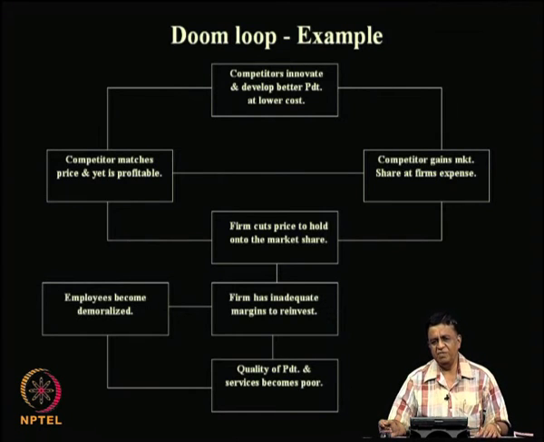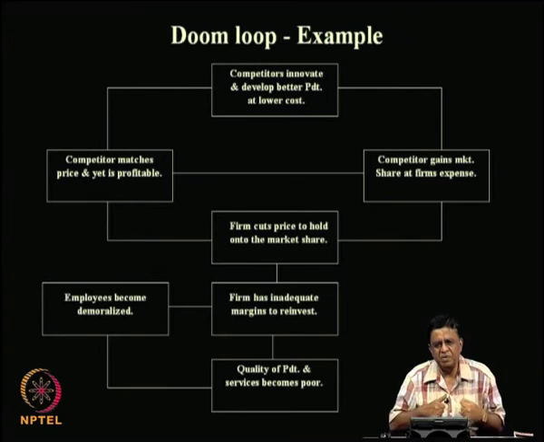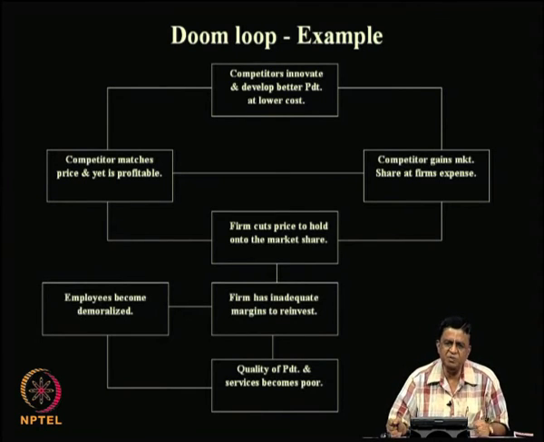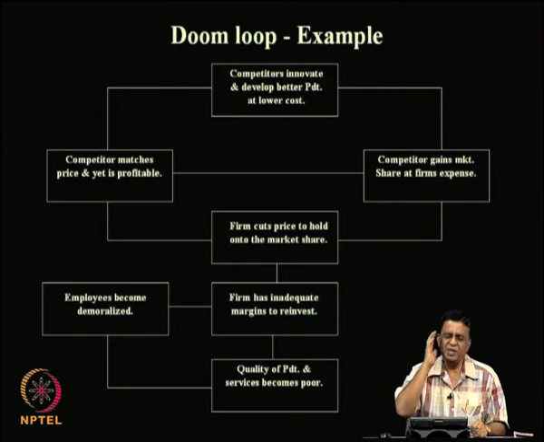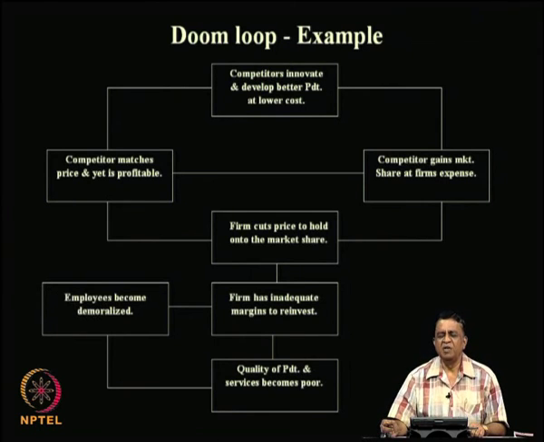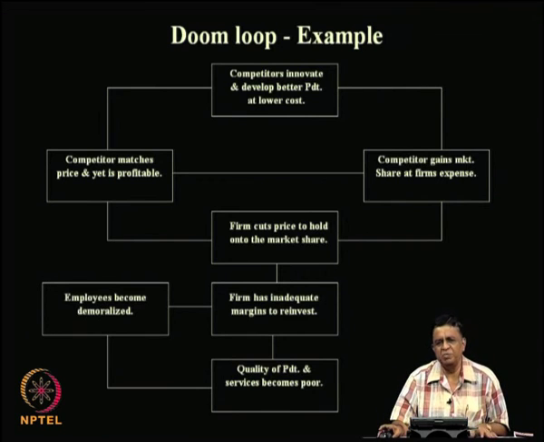Employees want to match the other players in the marketplace, but you are not able to provide the investment that is required. Employees become demoralized. Then what is going to happen when employees become demoralized? The quality of the product and the services becomes poor.